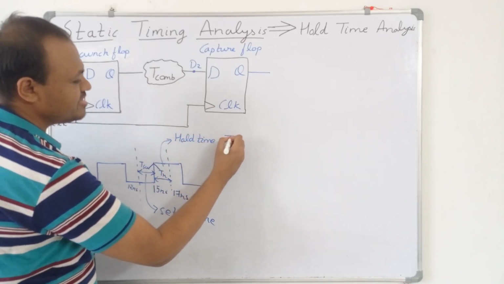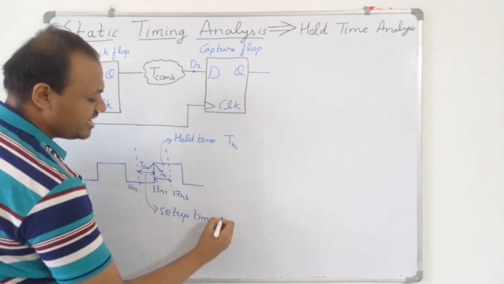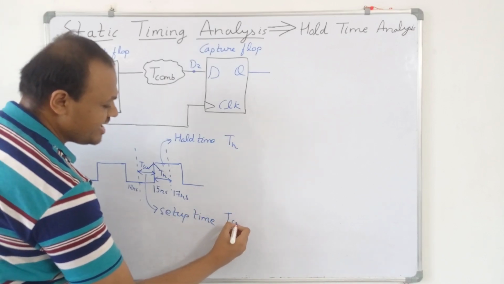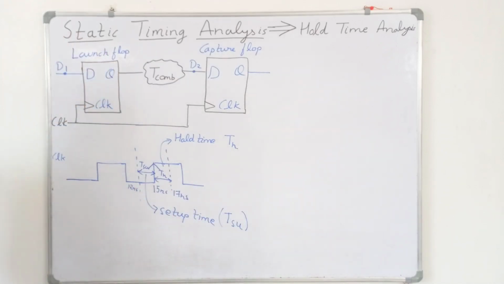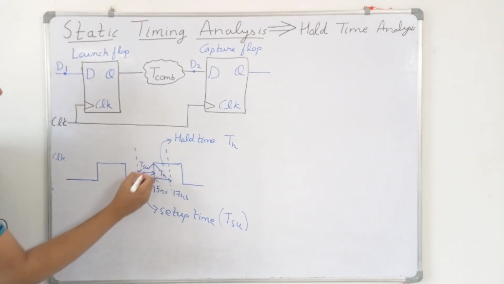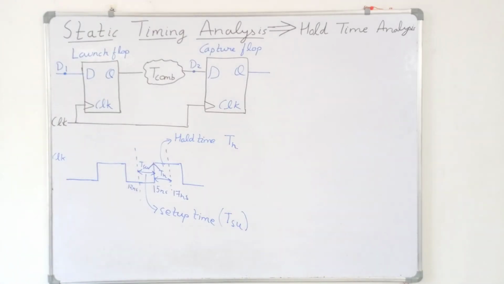The hold time is denoted by TH and setup time is denoted by TSU. Here we have considered that setup time is 3 nanosecond and hold time is 2 nanosecond. So the data must be stable in this period from 12 nanosecond to 17 nanosecond. So this is the basics of the setup time and the hold time.